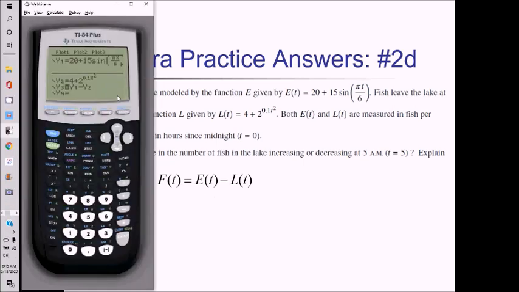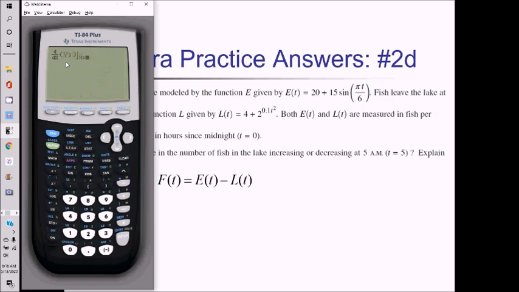So on my calculator, recall in part C, I defined y3 as basically E of t minus L of t. This is my f of t function here in y3. So quitting out of there, I'm going to do math 8 to take the derivative of that. I'll put an x down there with the d, and I'm going to do alpha trace y3 in this derivative.